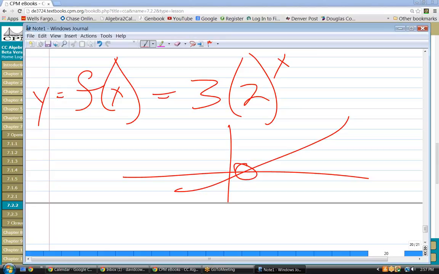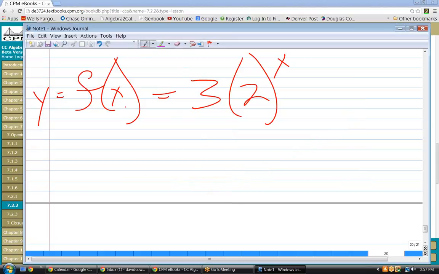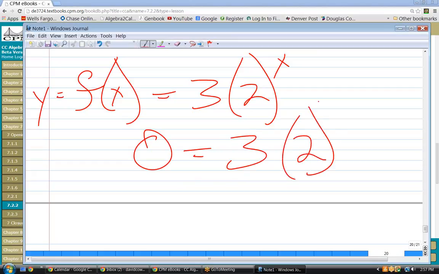Okay. So if I want to know the x-intercept, I set y equal to 0. Is there any value of x that will make that equation true? And if so, tell me what it is.